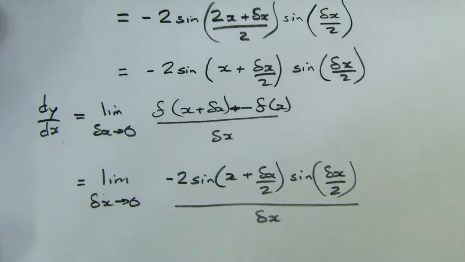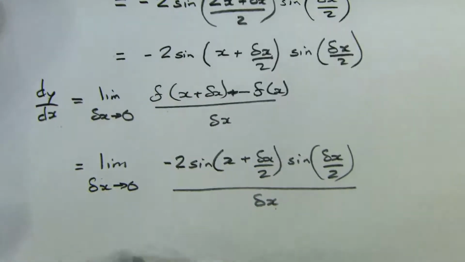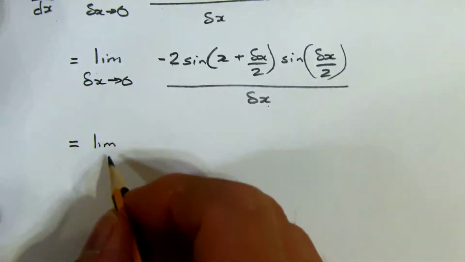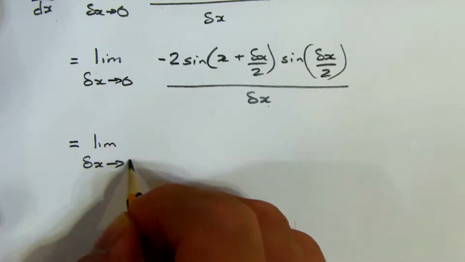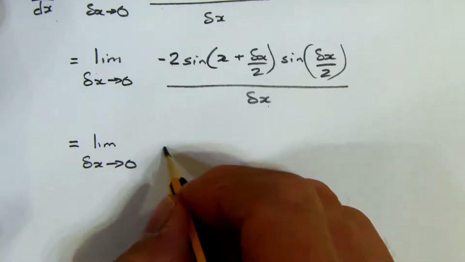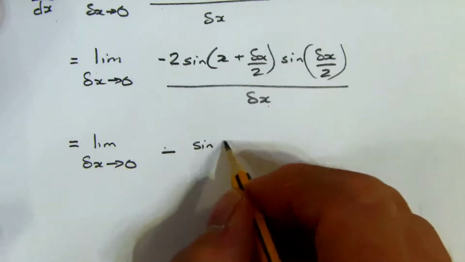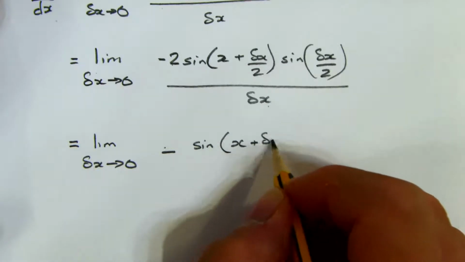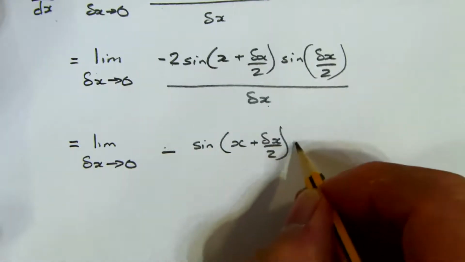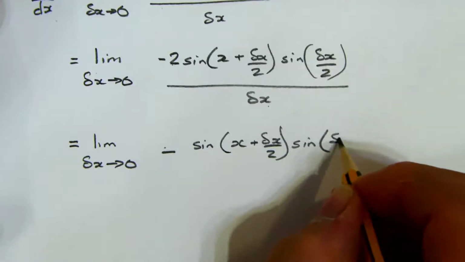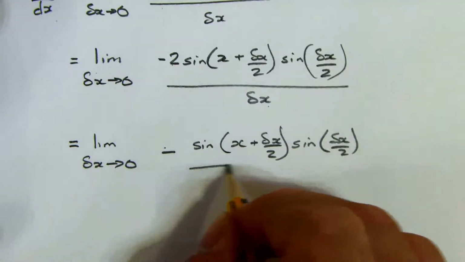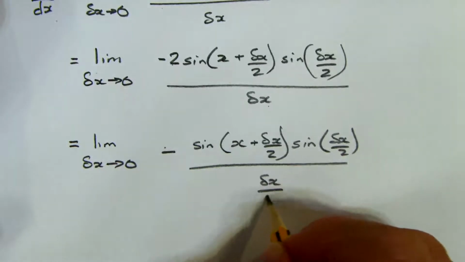We can do the same as we did before with dividing by 2, and I'll just write that out in full for you. So we've got the limit as delta x approaches 0. It's just going to now be minus sine of x plus delta x over 2 times sine of delta x over 2, all divided by delta x divided by 2.